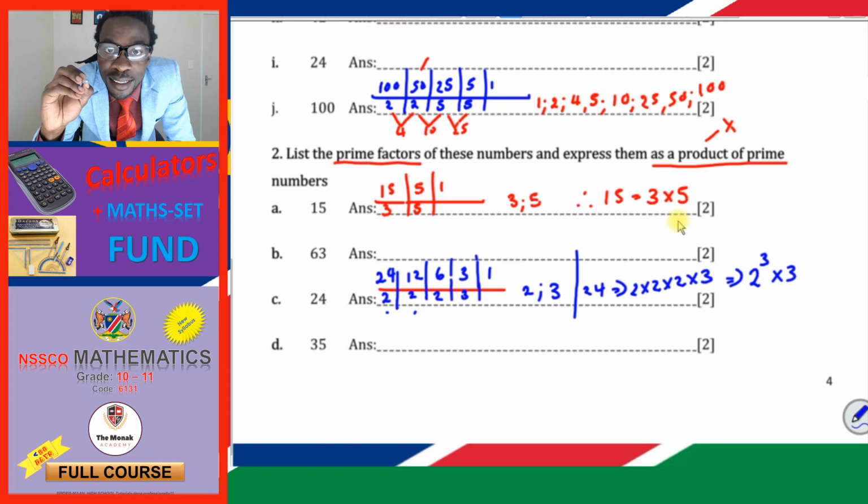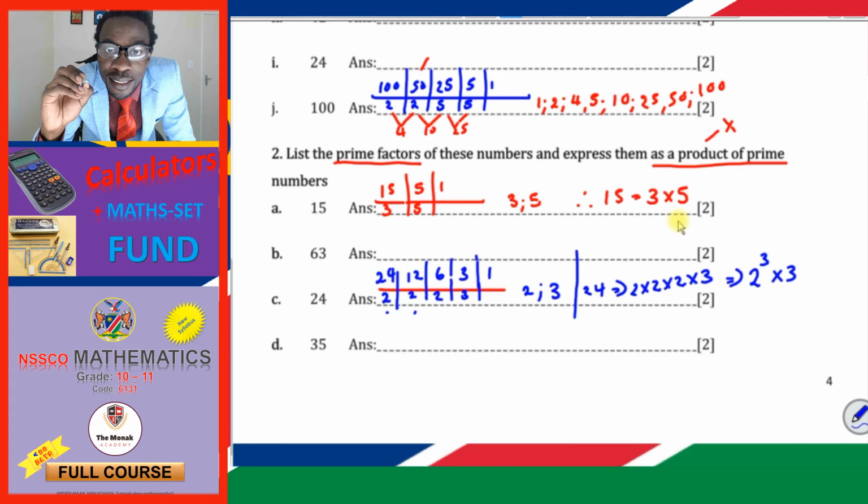And then when we express as a product of its prime factors, it means we want to find 24 by using the prime factors. So we already know from our calculation that we have three 2's and a 3.